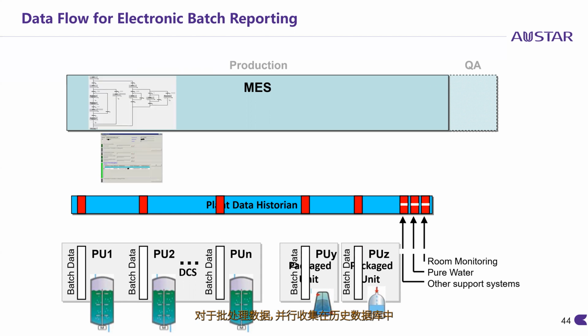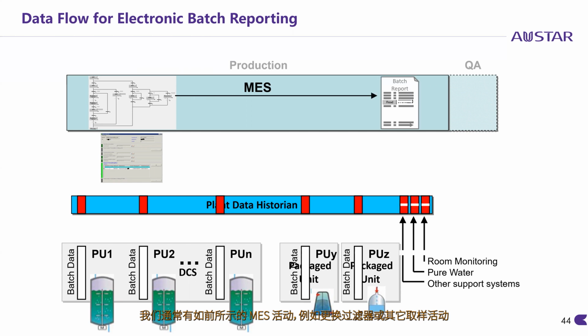In parallel, we typically have MES activities as shown earlier, like exchanging a filter or other activities, taking a sample. And these activities themselves produce the batch report inside of MES.